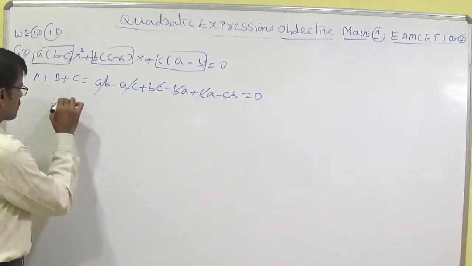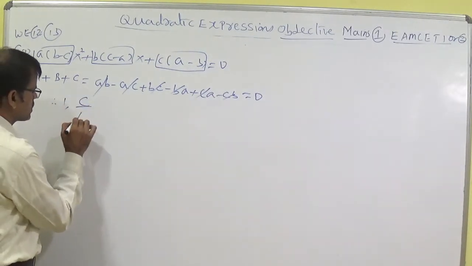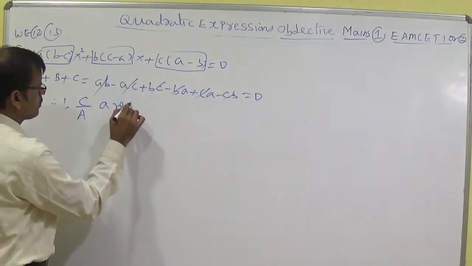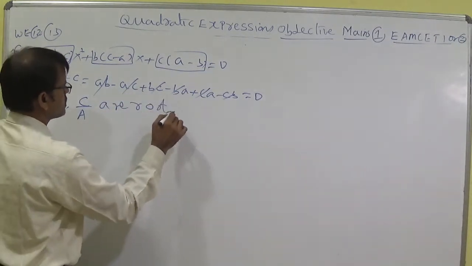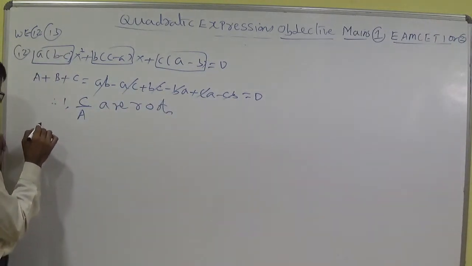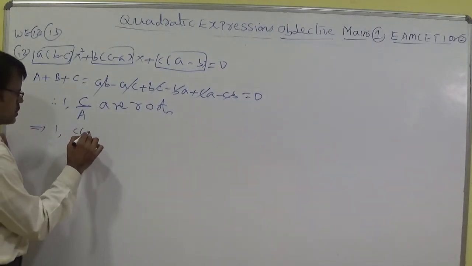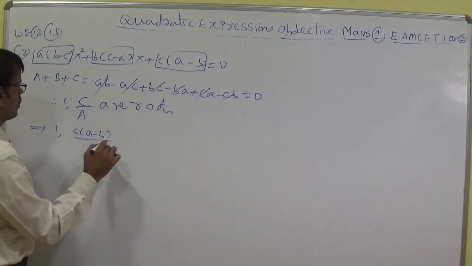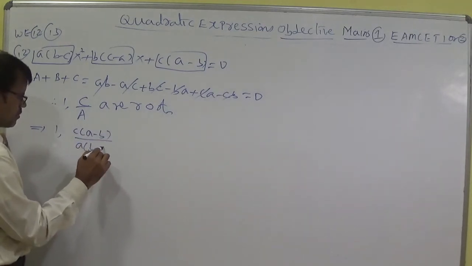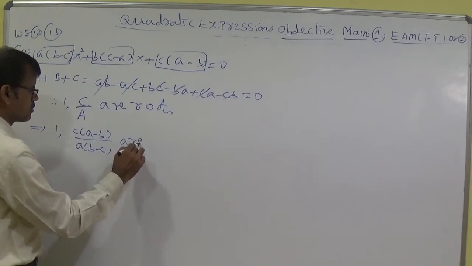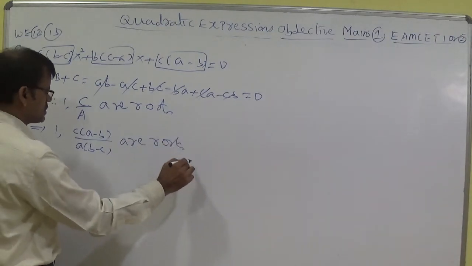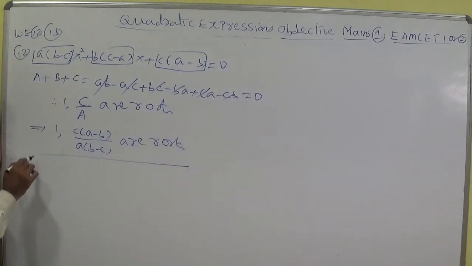Therefore, here you can write 1, capital C by capital A are roots. That implies 1, c(a - b)/a(b - c) are roots. Simply, this is worked example 12.